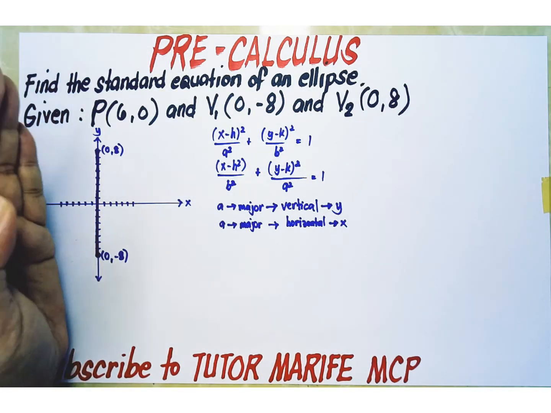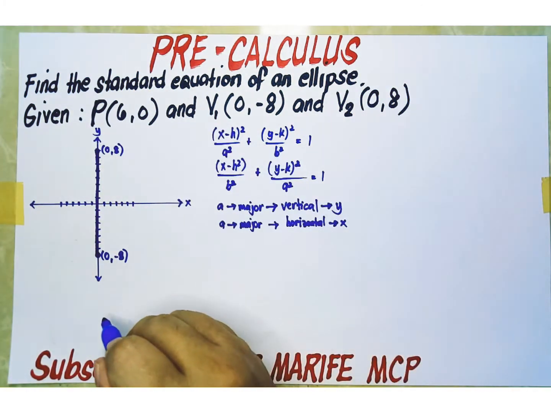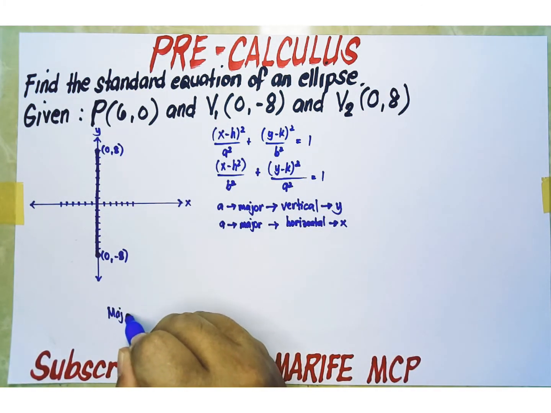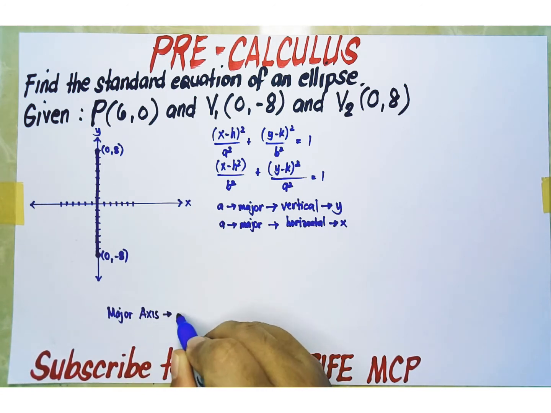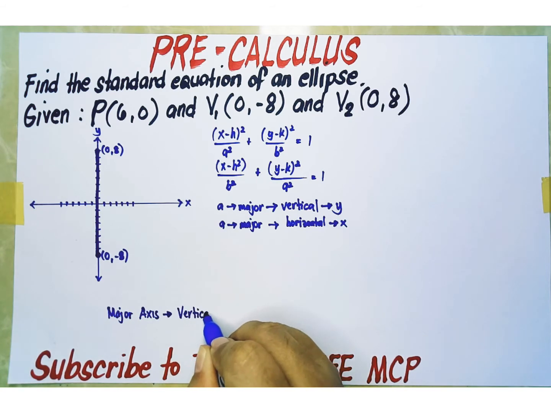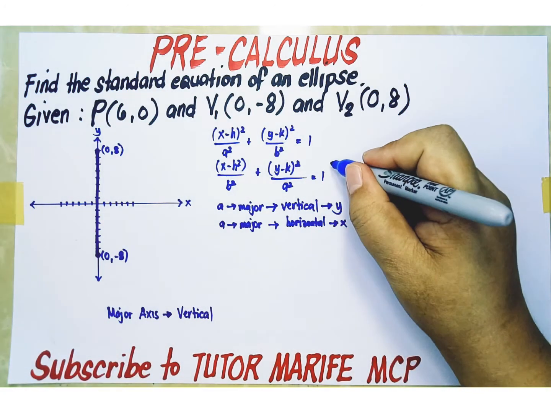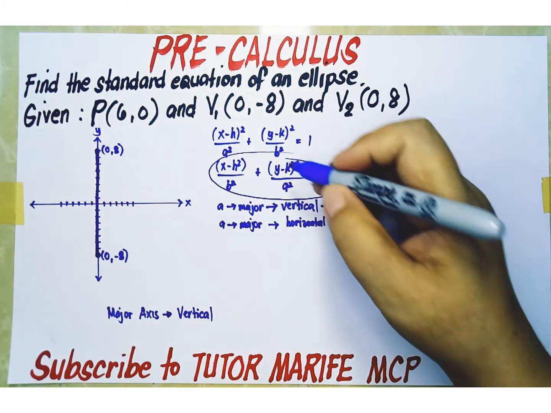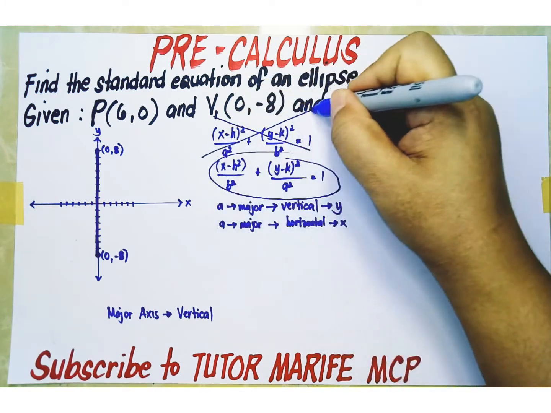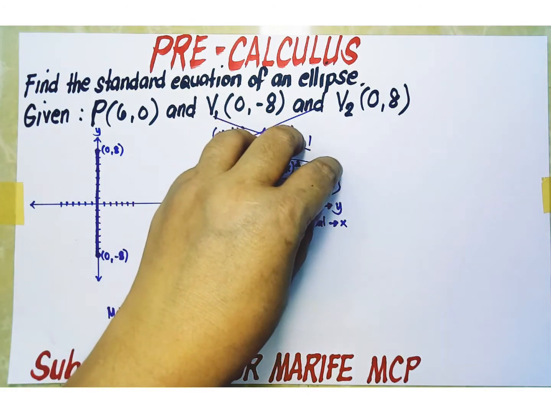Therefore, the major axis of this problem is vertical. So if our major axis is vertical, then we choose the second standard equation, and we will discard the first standard equation. This will be our focus.